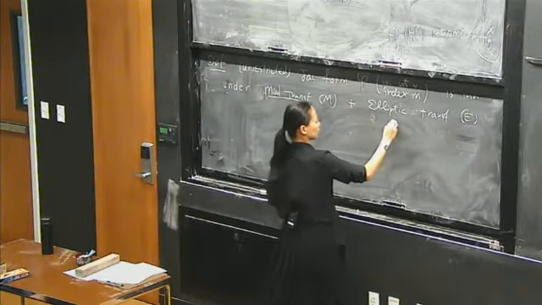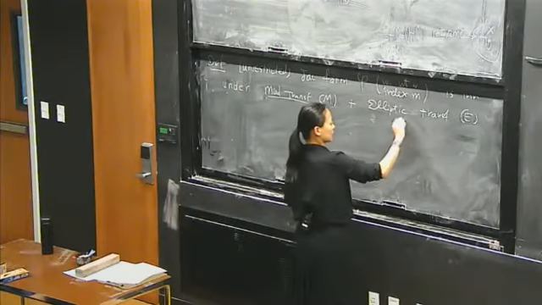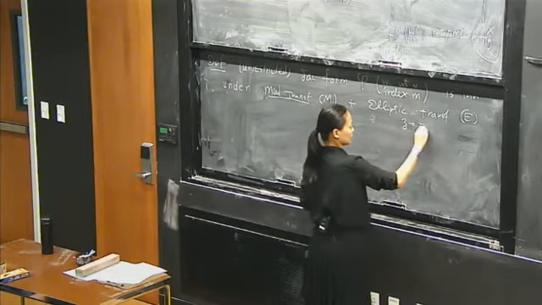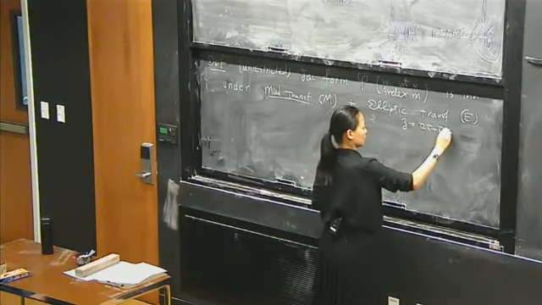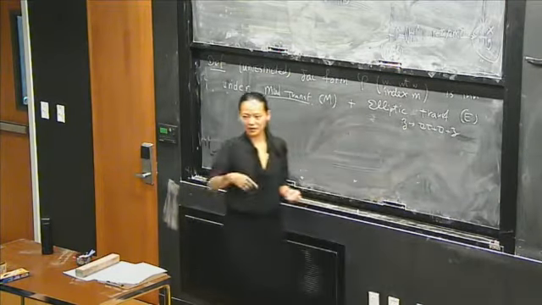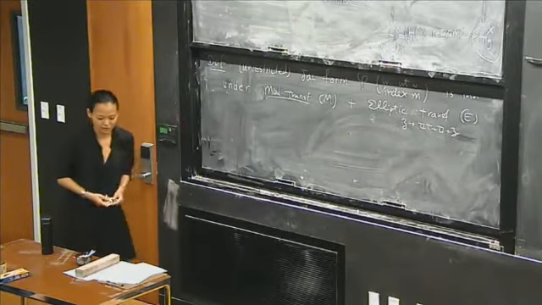Elliptic means you are just transporting a point on the torus along the A and B cycles of the torus, if you want.